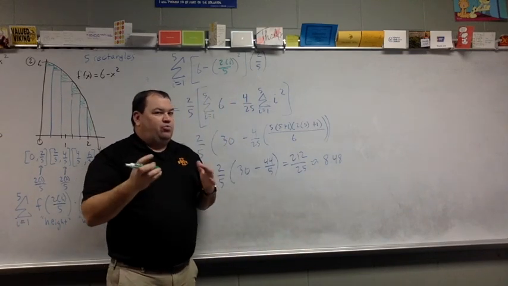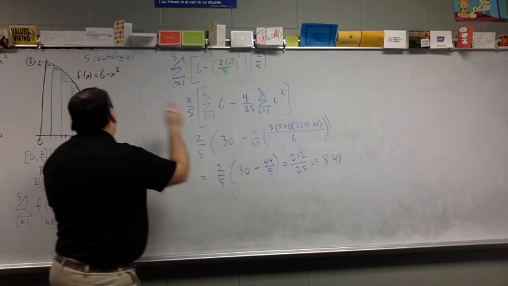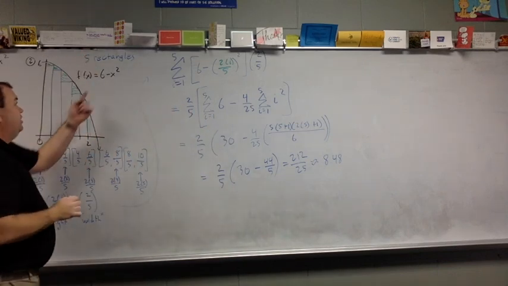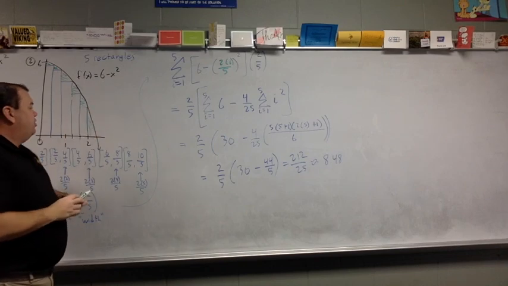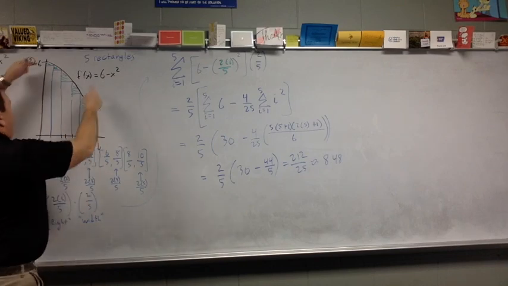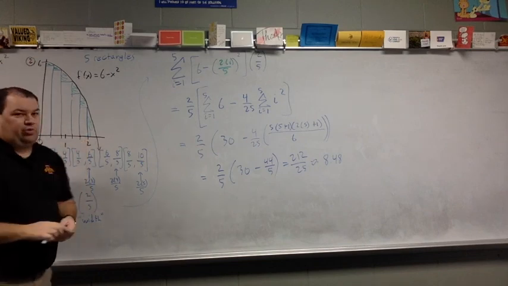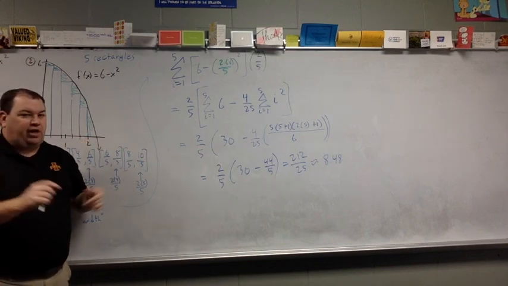Now, I could do a rough calculation of this if I go back to the original picture, and I could just plug in a 2. 6 minus 4 is 2. So I've got a height of 6, a width of 2. That's roughly 12. That's too big. We know that.